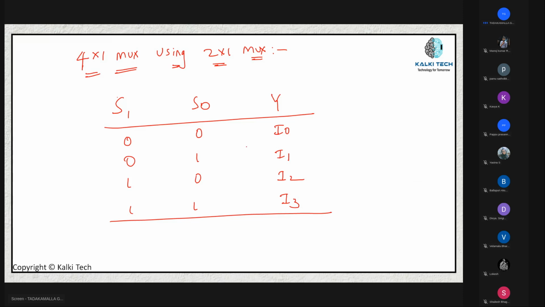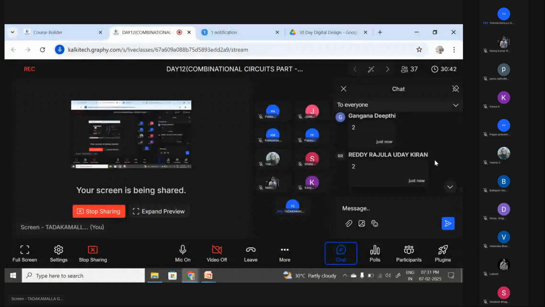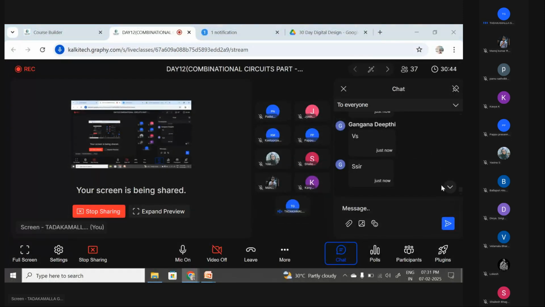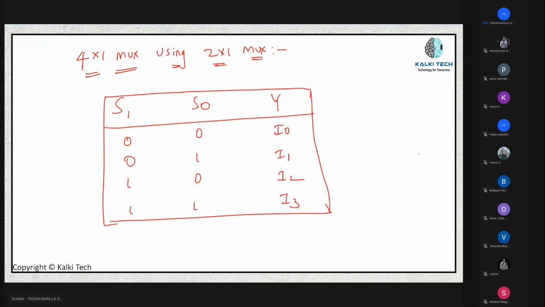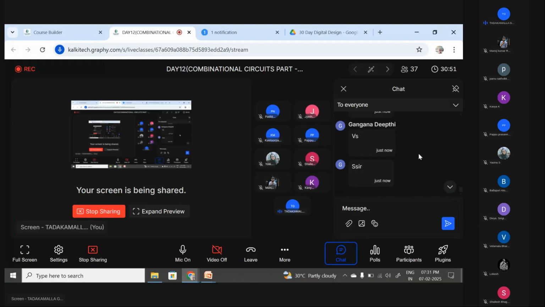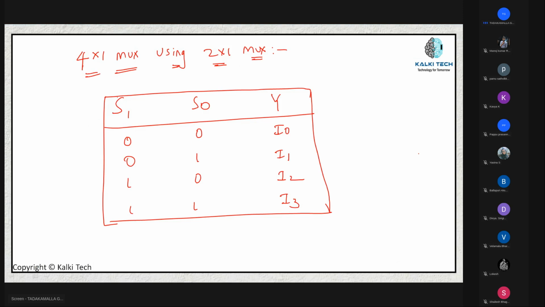Now, can you observe any pattern in this particular truth table?